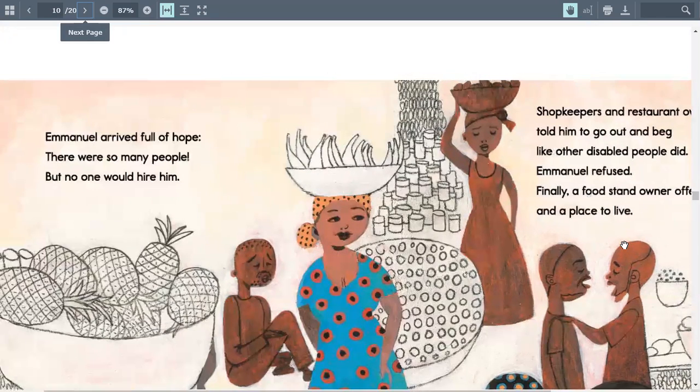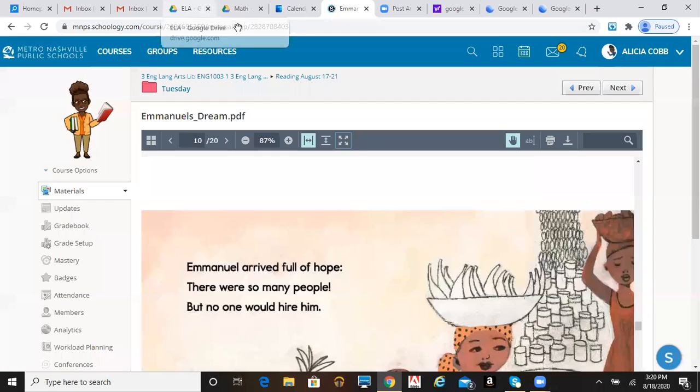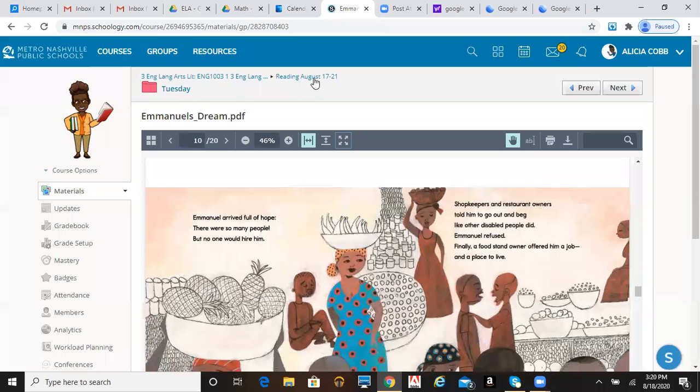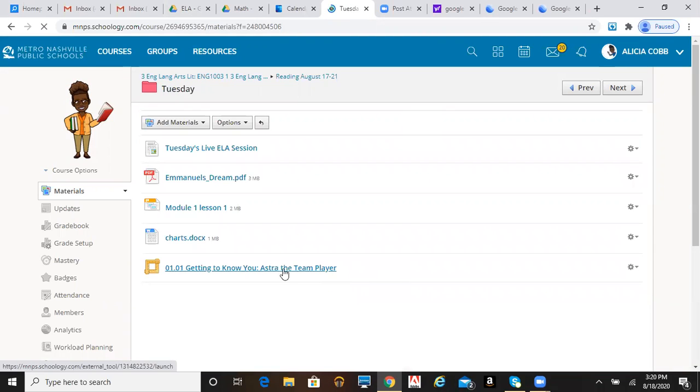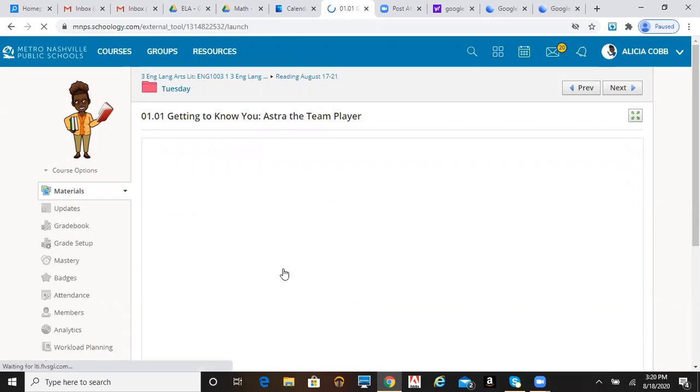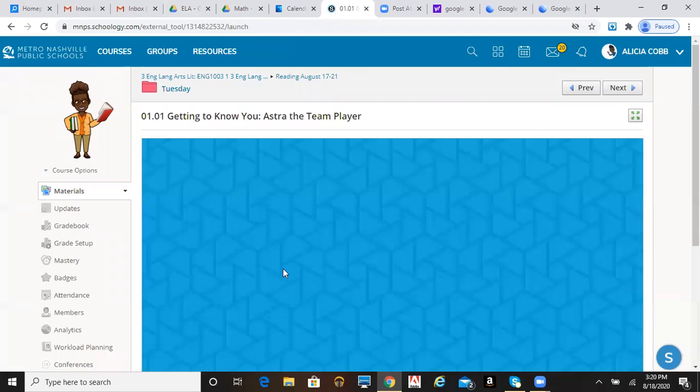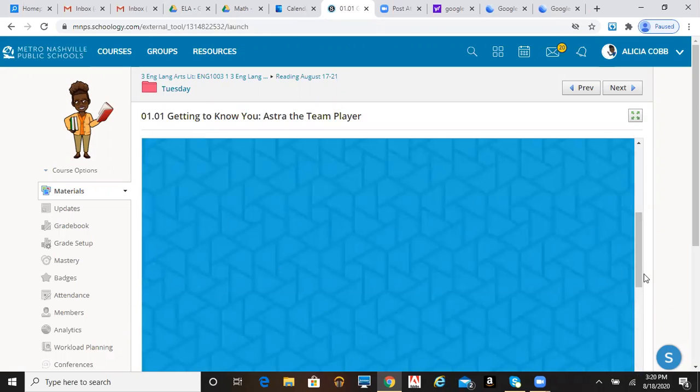So I'm going to stop right here for today. We will finish this tomorrow. But what I would like to show is the activity that you would do during module time throughout the week if you can't do it today. So let's go to Tuesday. And you have the Getting to Know You, Astra the player. Even though it's not going to load because of troubleshooting, I'll go back.